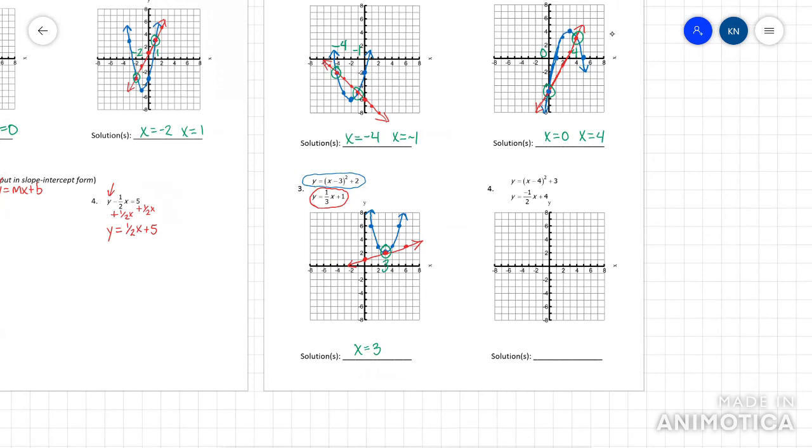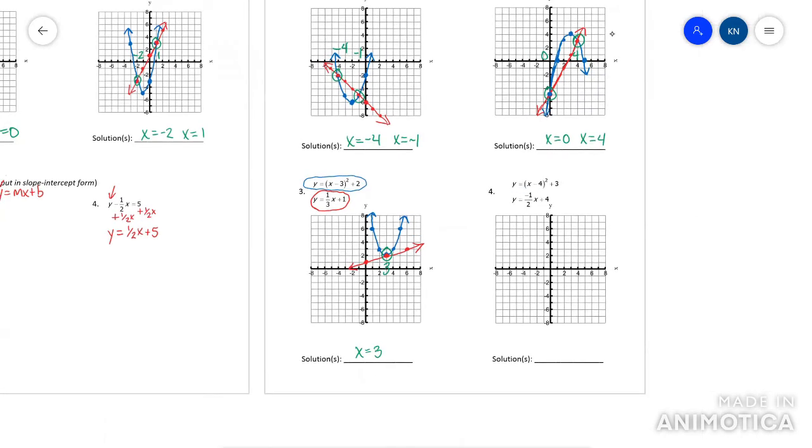The linear is already in mx plus b, so I'm going to start just by graphing my quadratic. Vertex of 4, 3. A value of 1. Okay, now I graph my linear function. -1/2 x plus 4.